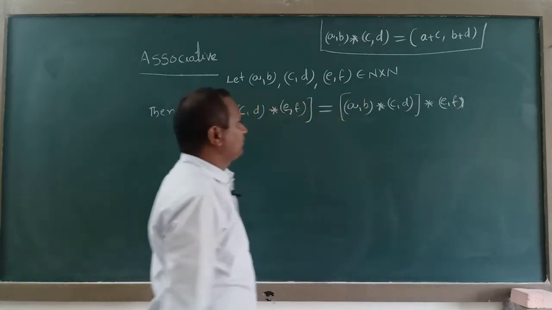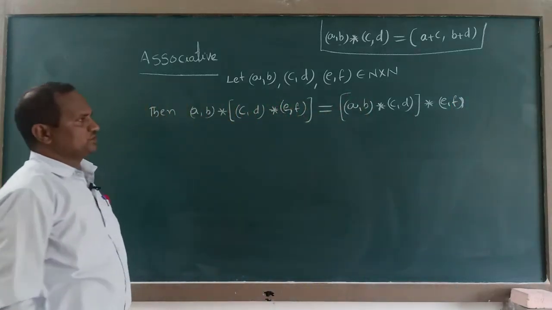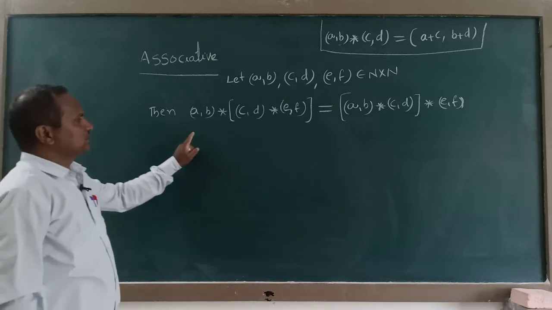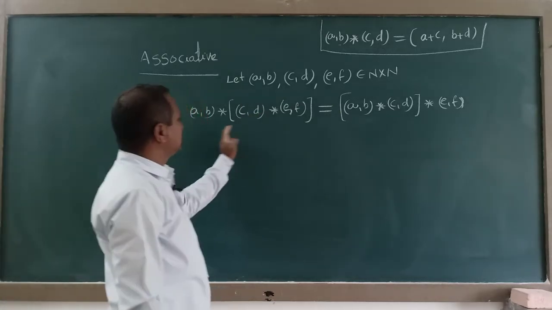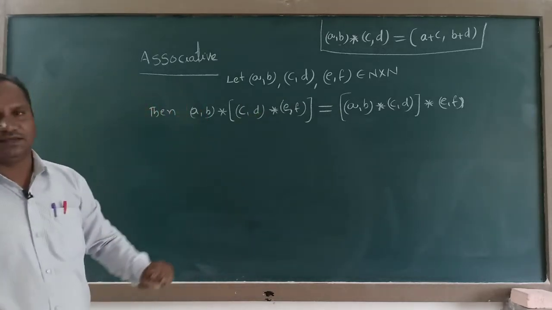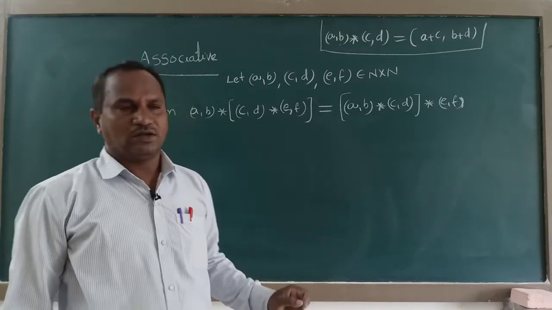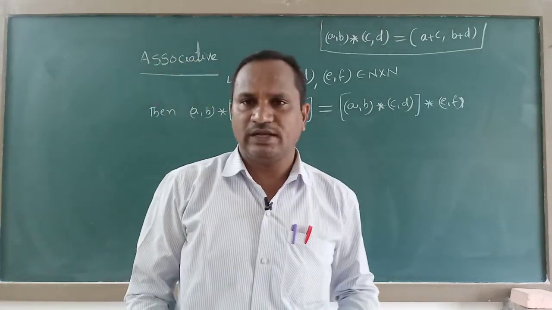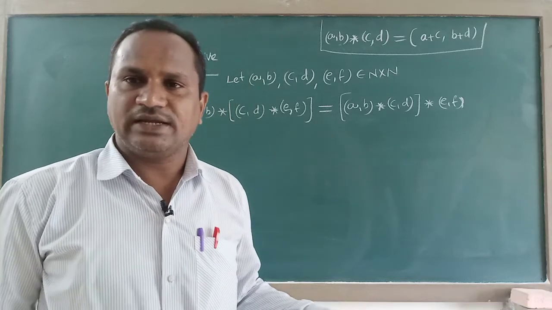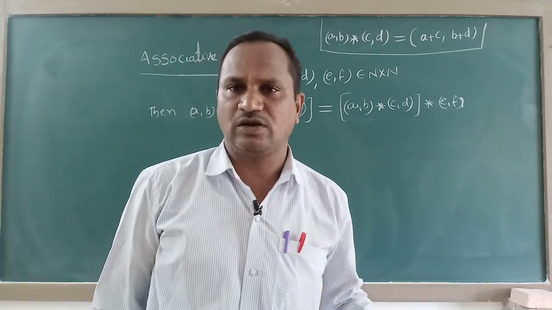We should get this formula to prove associative. If the given definition satisfies this property, then we say star is associative. Now we are checking whether we are getting equality of the left hand side and the right hand side or not.